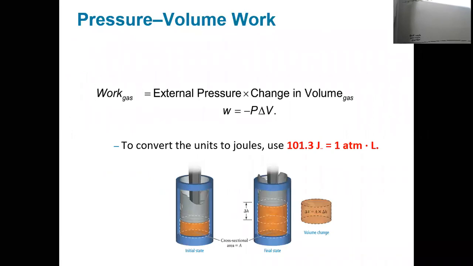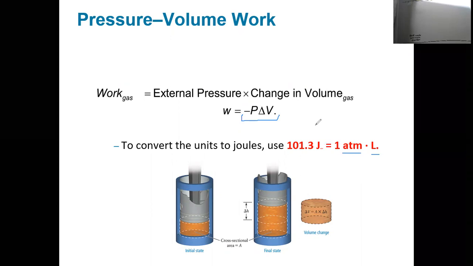When we do find the volume change of a system, you're going to notice that in this formula, work equals negative pressure times delta V. Well, the units of pressure are atmospheres. The units of volume are going to be liters.